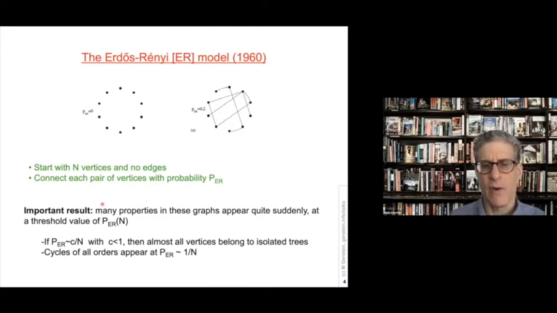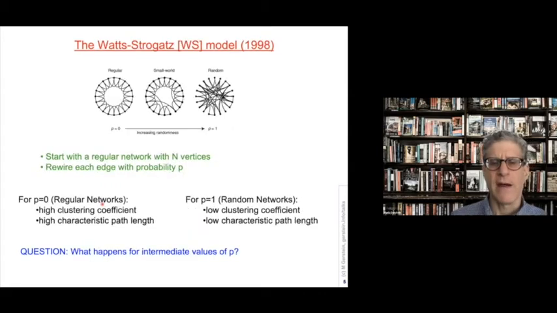And then one of the things that he noticed is that as you vary that probability, the properties of the graph appear very suddenly at a particular value of P_ER, which is around 1 over the number of nodes. And under that, there's really just isolated bits, and then a graph starts to emerge. Now, we'll come back to that probability for P_ER.